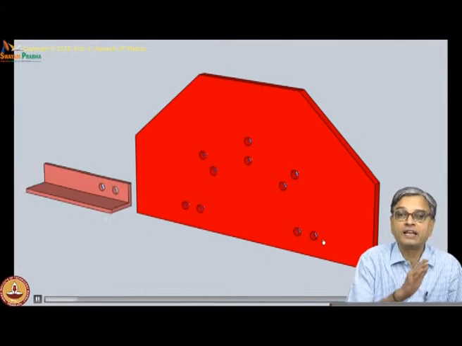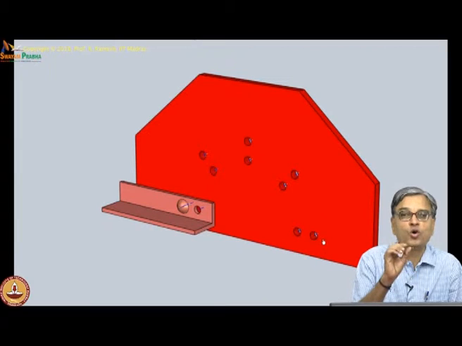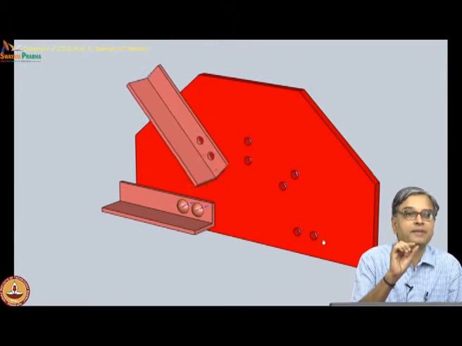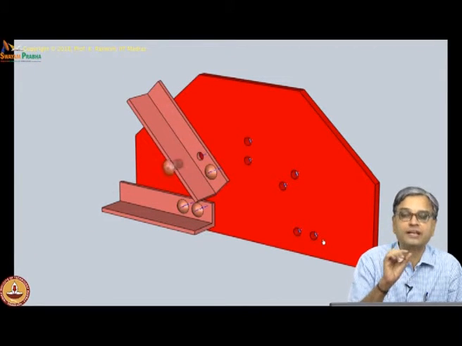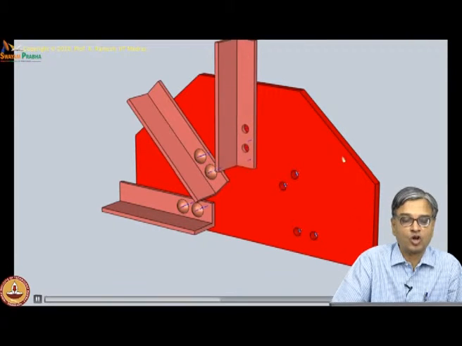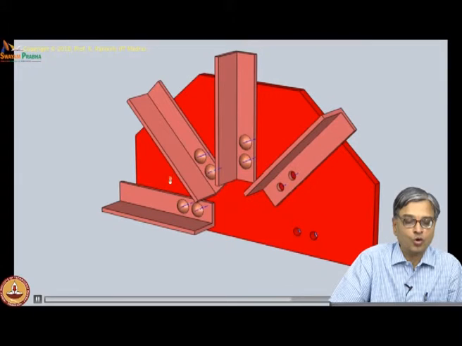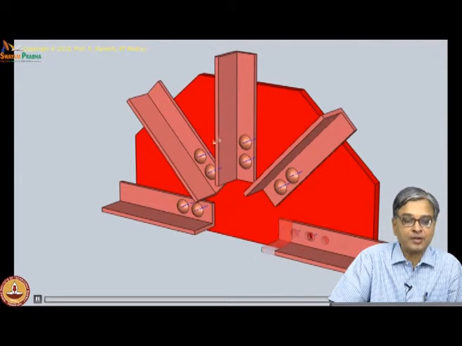There is no clearance between the hole and the riveting pin. It has to be very closely done. So, it is a very costly manufacturing process. And what you should notice here is that they are aligned in a particular way, and the base plate, you call that a gusset plate.